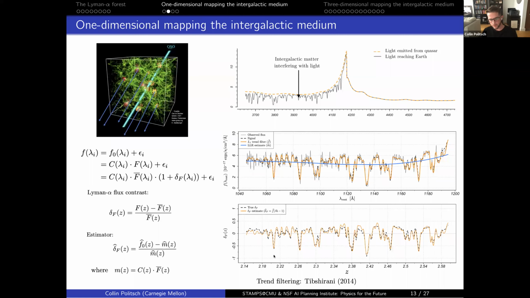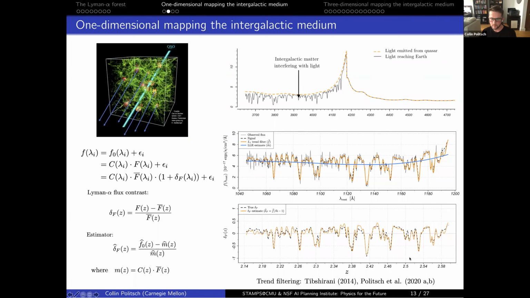Again, I want to underscore this point that low values of Lyman alpha flux contrast correspond to supposed overdensities in the universe. In this case, we're looking at a simulation, and so this is indeed an overdensity in the universe, and the orange is our estimator of that Lyman alpha flux contrast along the one-dimensional line of sight.